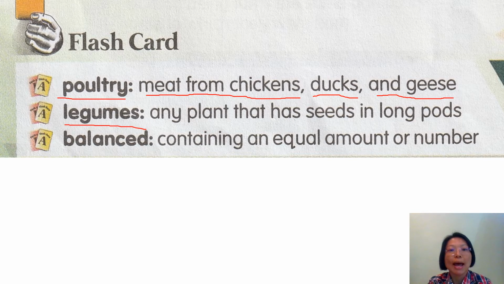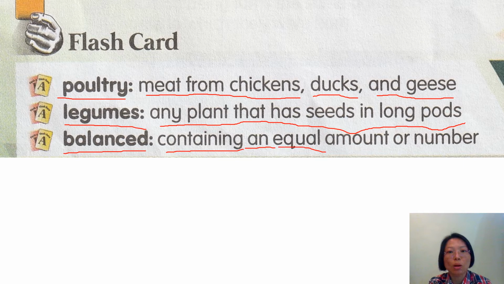Legumes are any plant that has seeds in long pods. For example, like long beans, chickpeas. The last word is balance. Balance means containing an equal amount or number.